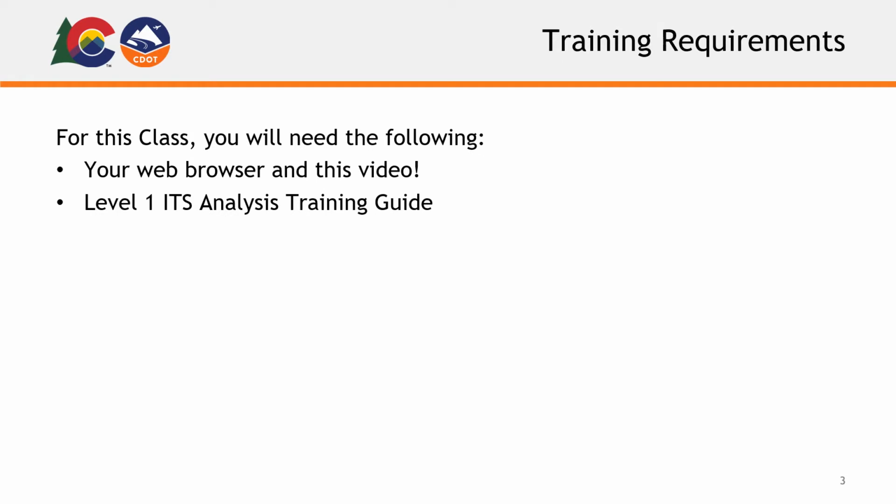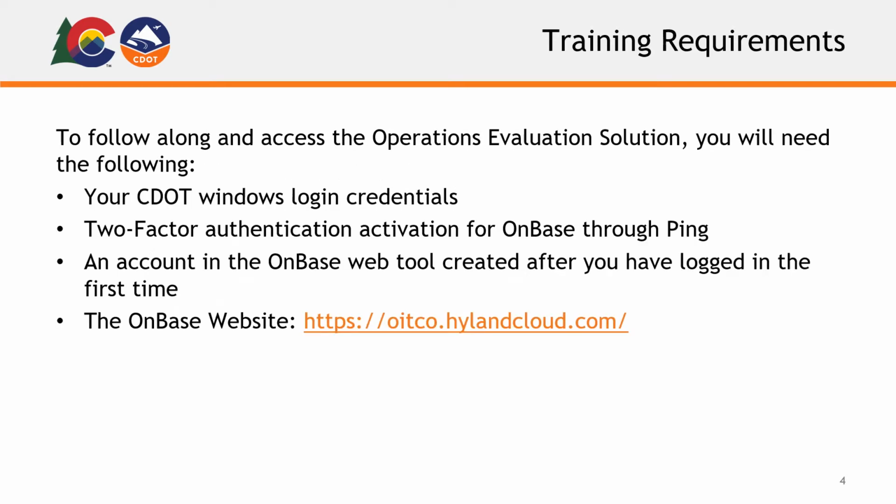For this class, you will need the following: your web browser and this video, Level 1 ITS Analysis Training Guide. To follow along and access the Operations Evaluation solution, you will need the following: your Windows login credentials, two-factor authentication activation for OnBase through Ping, an account in the OnBase web tool created after you have logged in the first time, and the OnBase website shown here.